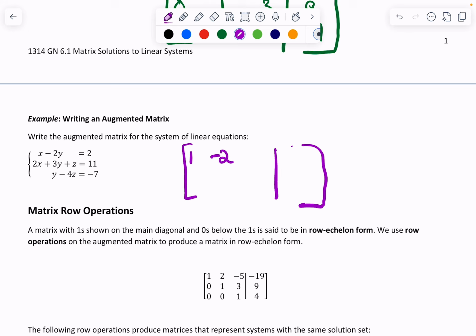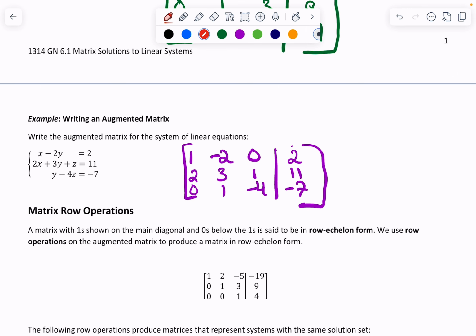We don't have z, so that's going to be a 0. And then our constant is going to be 2. In the second equation, we've got 2, 3, 1, and 11. For the third, we're again missing x, so the coefficient is going to be a 0. Y is 1, z is -4, and the constant is -7.